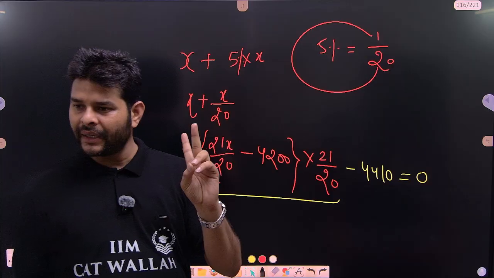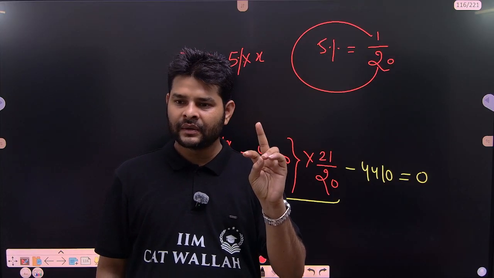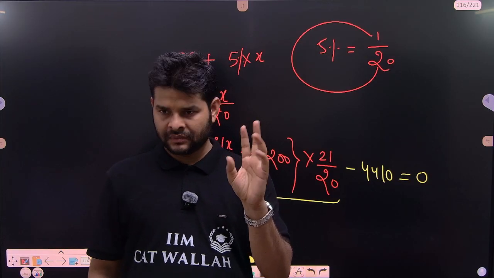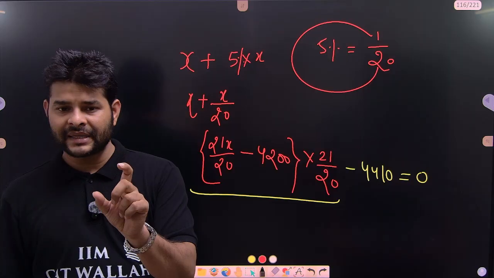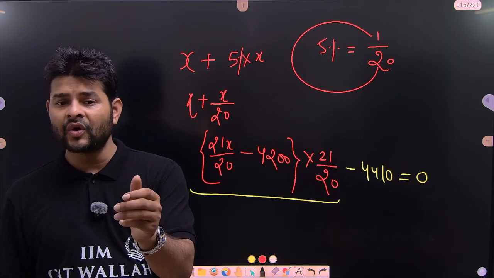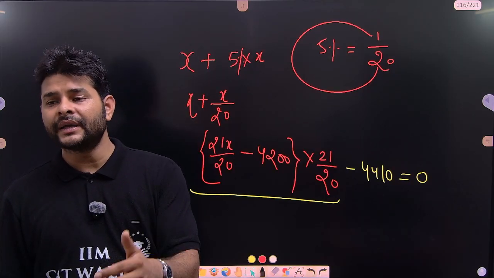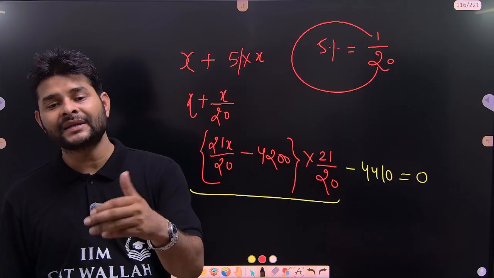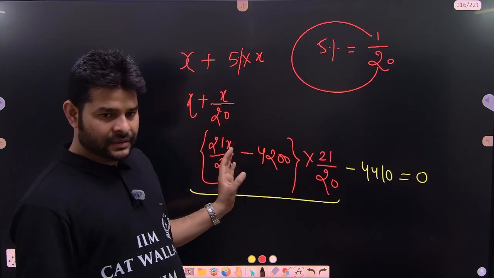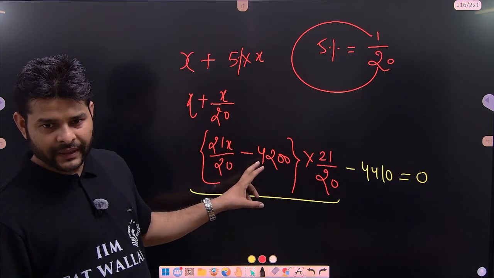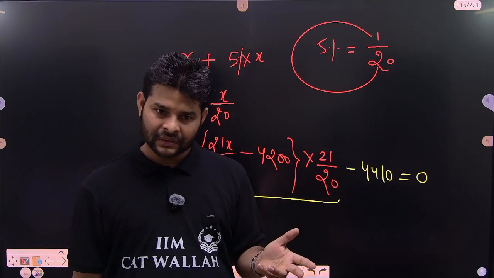So I need to pay 2 installments. After the first installment, there must be a rest amount. If there is no rest amount, on which amount are we going to impose the next rate of interest? So what do you think? After subtracting 4,200, there must be some amount or not?